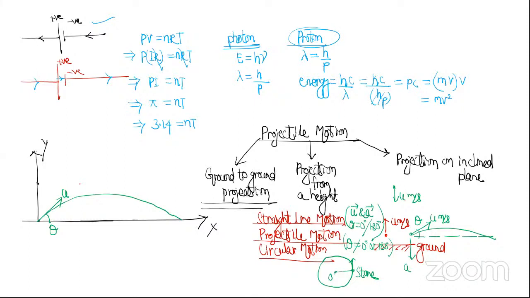Then in the work energy power chapter we will study work, and the formula for work is force into displacement. Now to study work we should know how to find force, that means the Newton's law chapter, and how to find displacement, that means the kinematics chapter. So in that sense, the work energy power chapter can only be studied as a combination of the Newton's law chapter and the motion in 1D chapter.